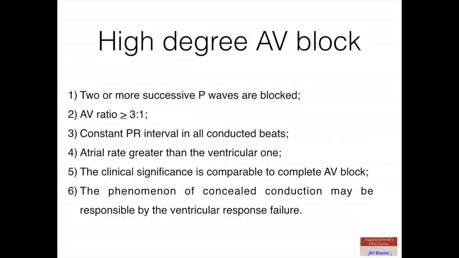Then we have the high degree AV block. A high degree AV block is described when two or more successive P waves are blocked. The AV ratio is usually 3:1. There is a constant PR interval in all conducted beats. The atrial rate, of course, is greater than the ventricular rate. The clinical significance for this is comparable to the complete AV block.